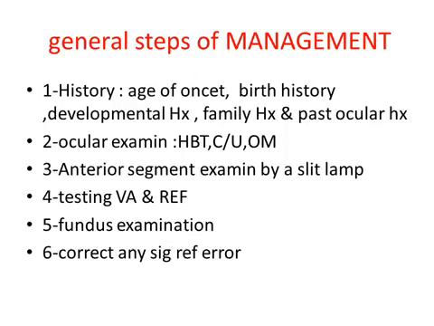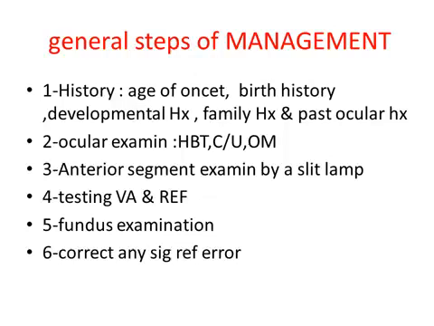Number 2, ocular examination, starting with the Hirschberg test. We explained these things in the practical sessions, by doing cover-uncover testing and by testing ocular motility in order to differentiate between the two major categories, comitant and incomitant squint.